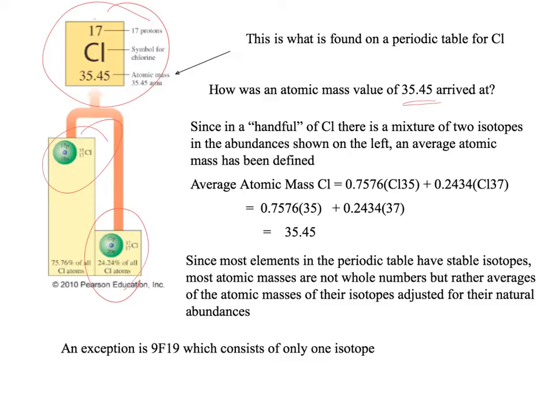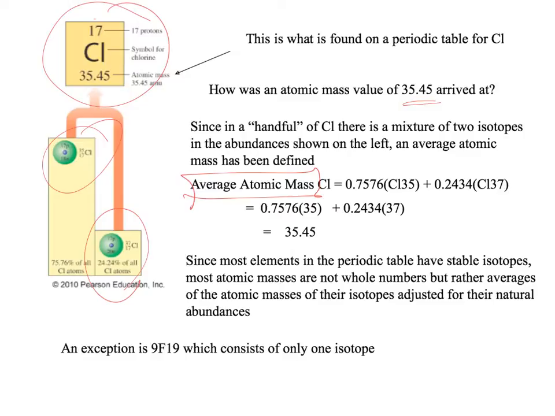You can see the abundance shown in what I just circled, and an average atomic mass has been defined. So what does that mean? What's on the periodic table is the average atomic mass. It's based on the individual isotopes, their masses, and the percent abundance.